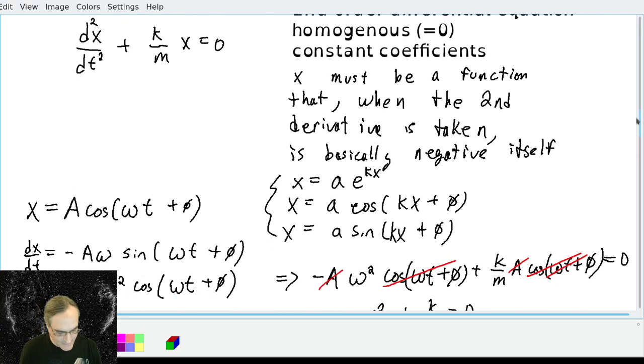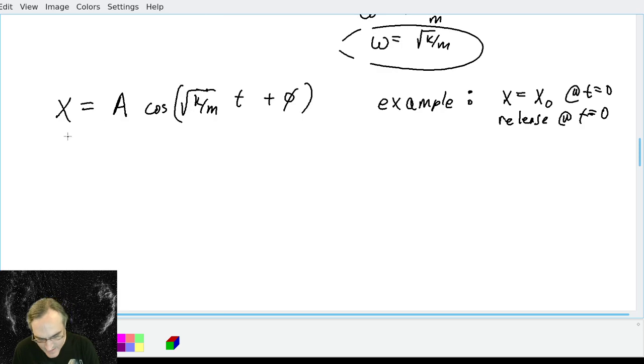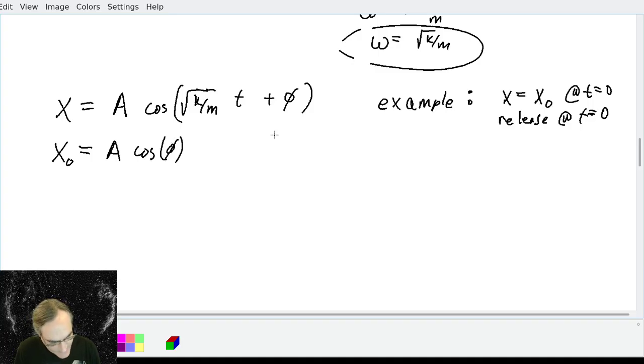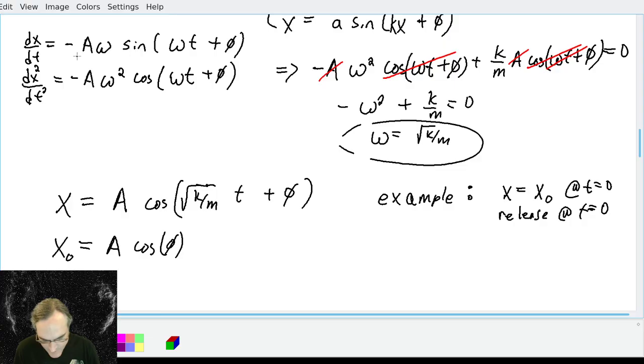So that means if I set t equals 0 in the above equation, I have x naught is equal to A cosine of the phase. And if I look up at this step where I take the first derivative, that means the velocity, which should be equal to 0 because I release from rest, is equal to minus the amplitude times the square root of k over m times sine of the phase.